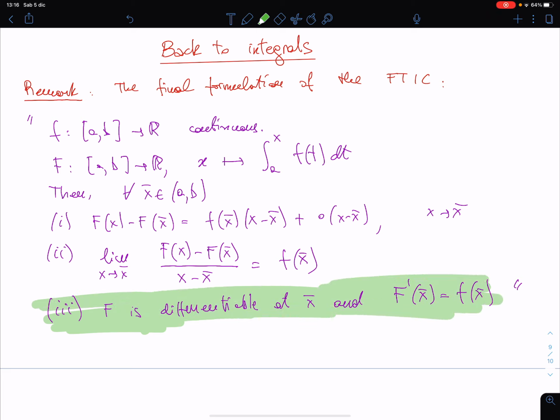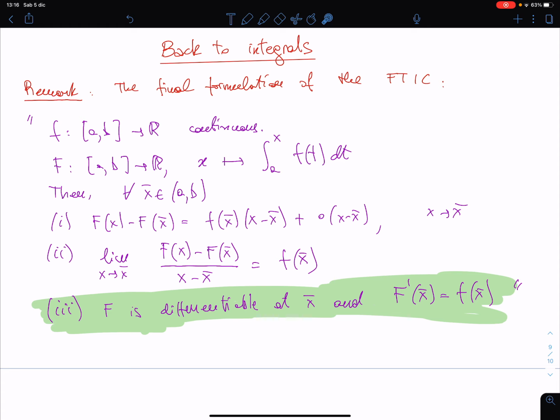So when you read the fundamental theorem of integral calculus in a book, you only find the third, and it is completely correct. In general, books that treat derivatives before the integral, which are the majority, can use the derivative already in the fundamental theorem of integral calculus.